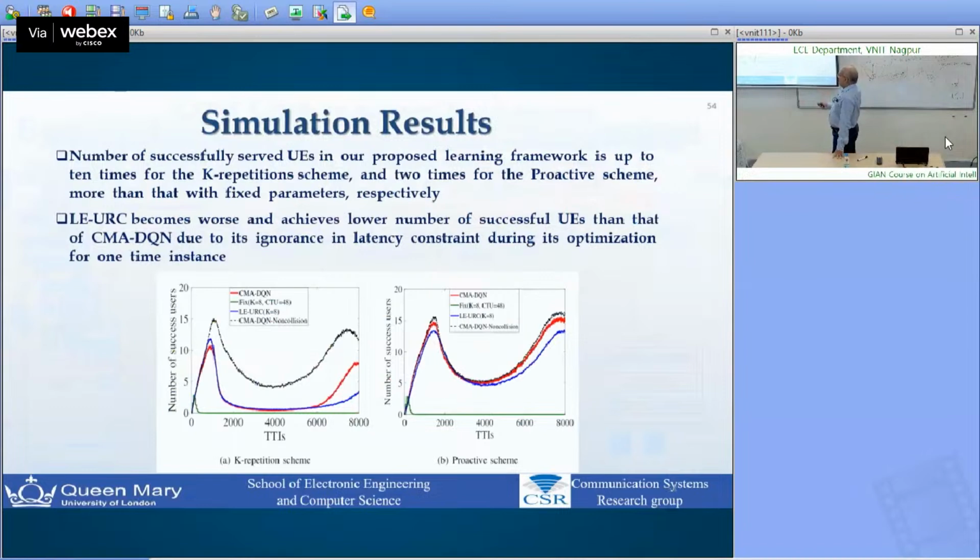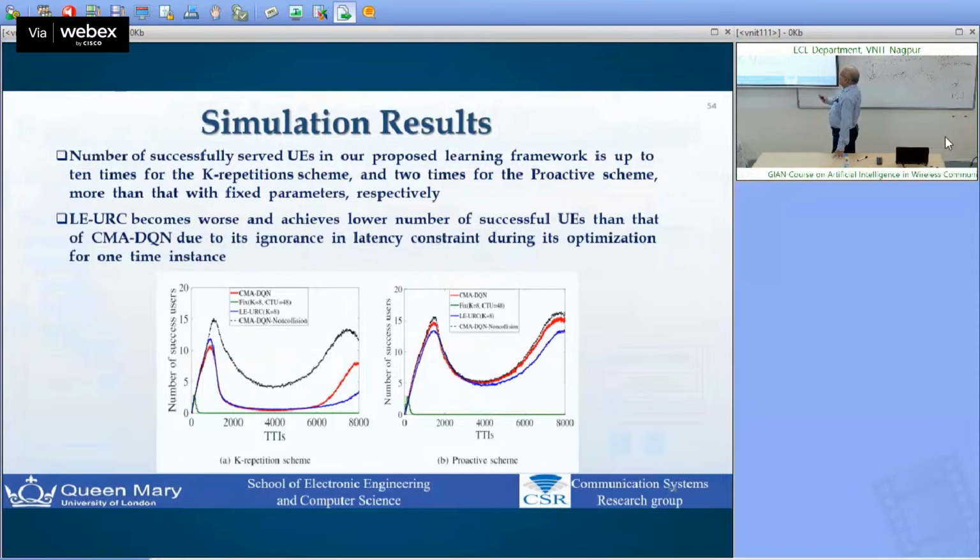When you see here, the number of successfully served devices, the green one, the fixed one, completely failed. The black one is the multi-agent DQ network.